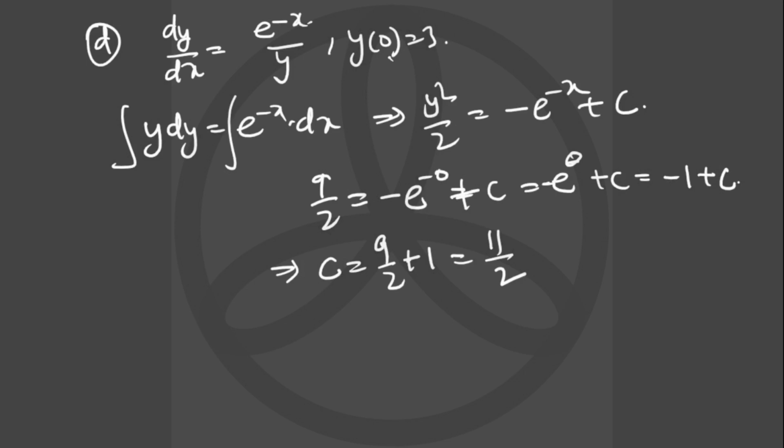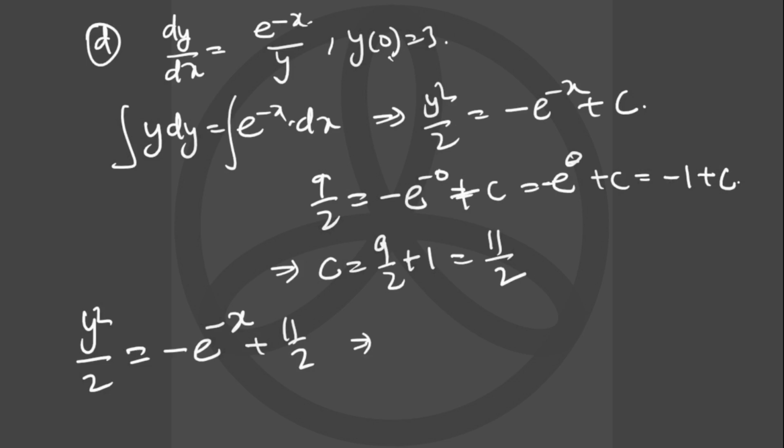So we need to substitute c here with 11 over 2. So we will get y squared divided by 2 is equal to minus e to the power minus x plus 11 over 2.